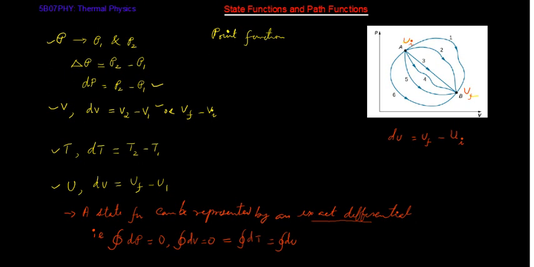There are two common examples of path functions in thermodynamics: one is heat, Q, and another is work done, W. Heat and work do not have the same status as quantities like pressure, volume, temperature, internal energy, etc.